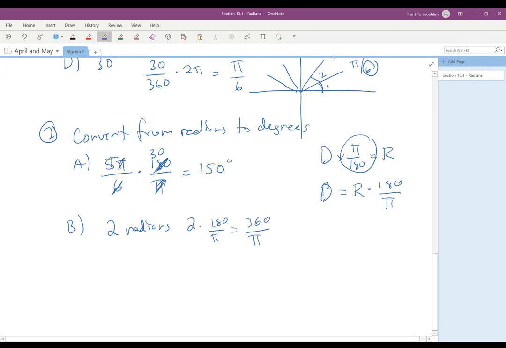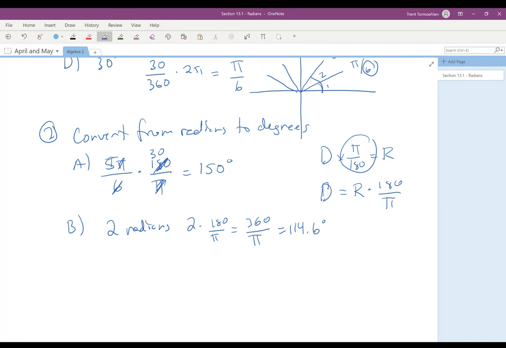That's the exact value of it. If it says round it to the nearest tenth, which is what I think your book does, then you just divide 360 by pi in your calculator, and that gives you 114.6 degrees. And so the 2 radians is equal to 114.6 degrees.